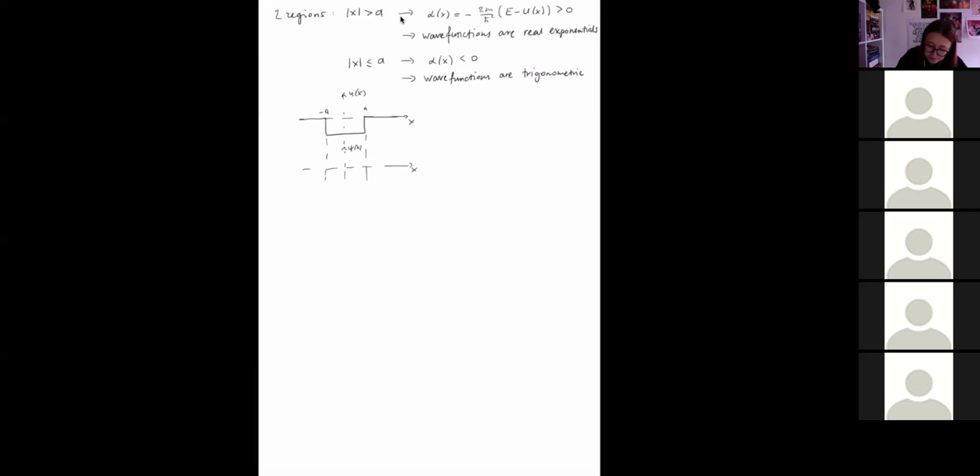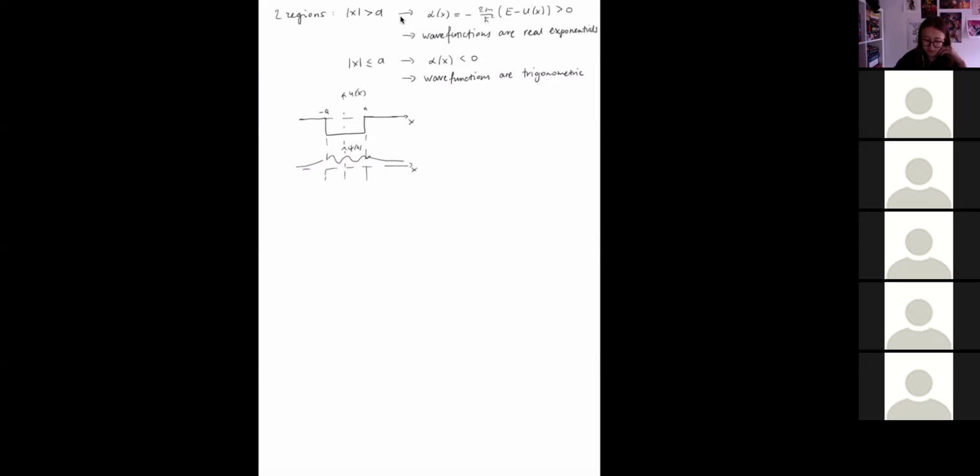So we know that on the outskirts, where x is less than minus a or x is bigger than plus a, the wave function behaves as an exponential, and we'll later see exactly how it behaves. And in between, there is some kind of trigonometric function. Okay, good, so we already have the intuition.